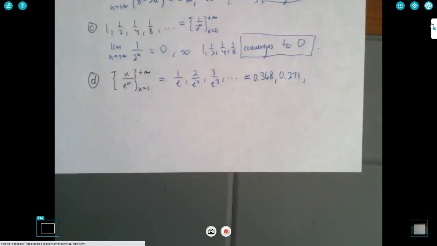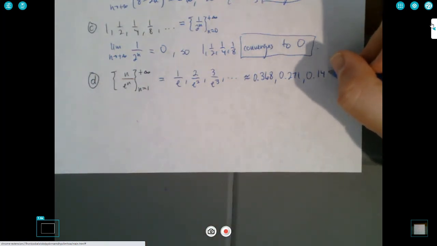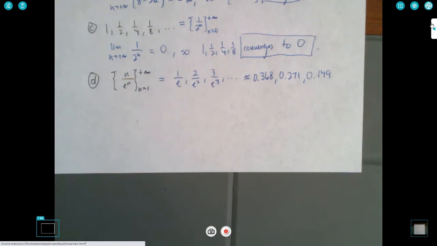And 3 over e cubed is about 0.149. So these things are getting smaller and smaller.